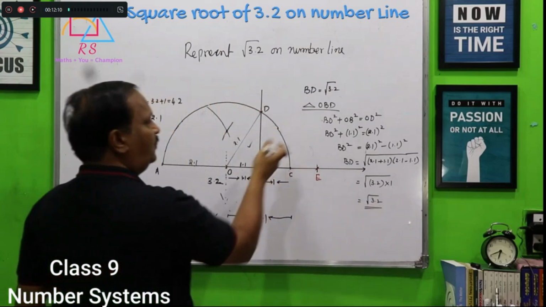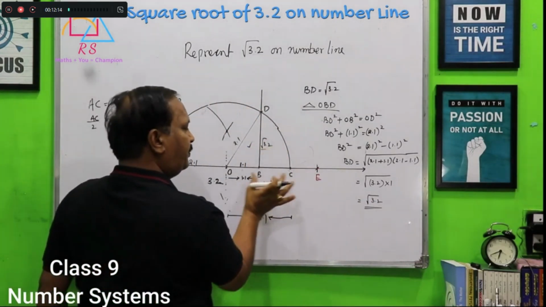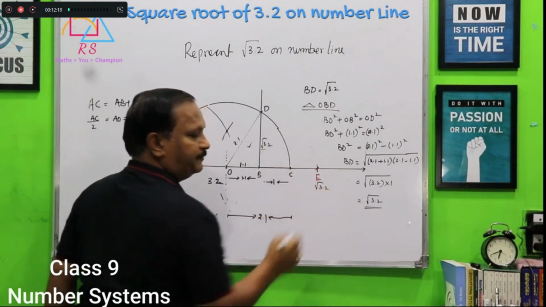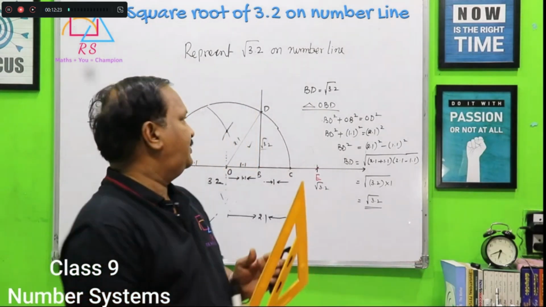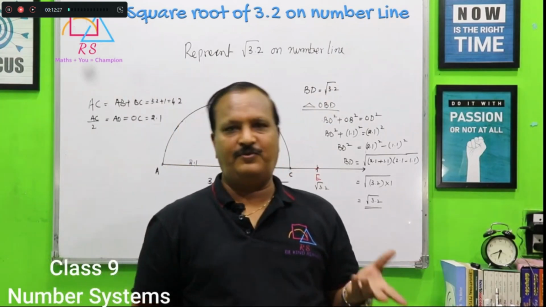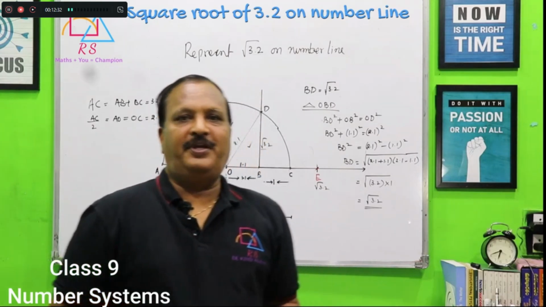So this is how BD is equal to root 3.2. So now BD and BE we have expressed on the number line. You can do this with any problem. Okay. So I have given root 3.2, you can have 3.4, 2.1, whatever. Right. So I hope we have understood.